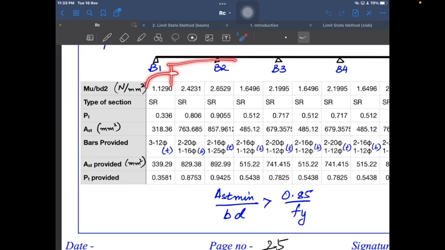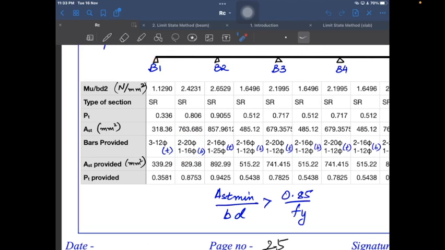Inside the support we need to give LD, and outside the support we need to give LD from the face of the support. This rule applies for negative tension. I'm not talking about this, I'm talking about this thing. For end anchorage we are talking about this middle thing, because middle thing is going inside.